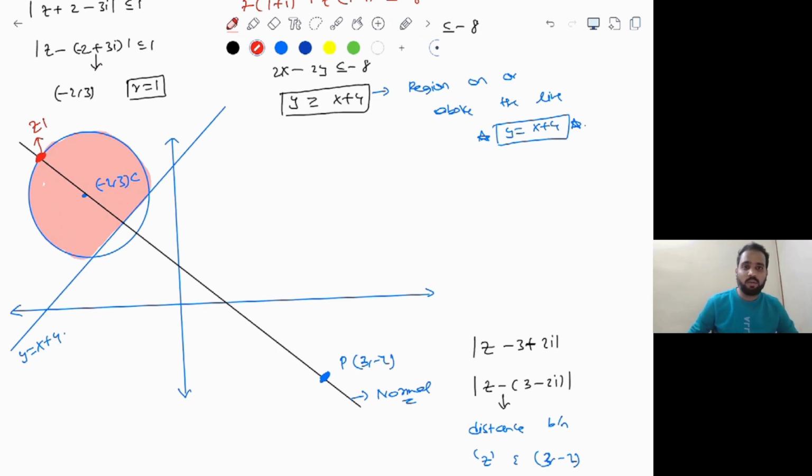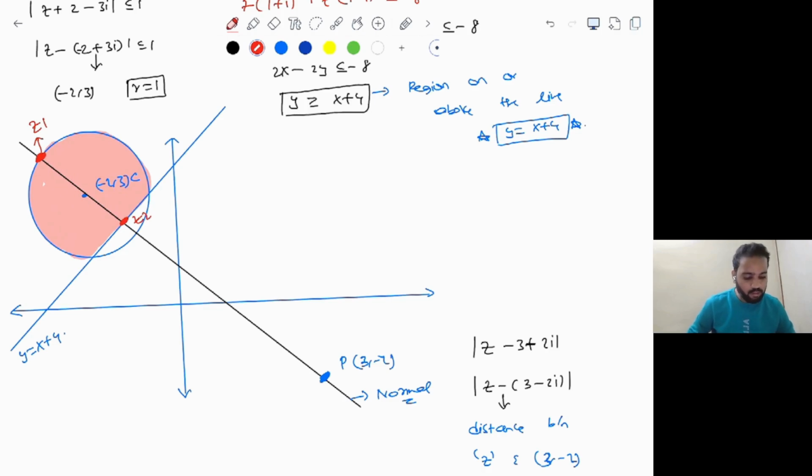But to get the minimum distance in this question, don't take it as this point where the normal is meeting the circle. Okay, you should not take that because that point Z2, whatever I marked here, is not in the shaded region. This is a common mistake. And that is the reason your point of minimum distance is going to be this point wherever the line y is equal to x plus 4 and the normal are meeting.